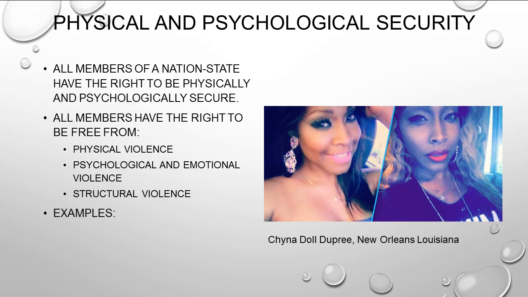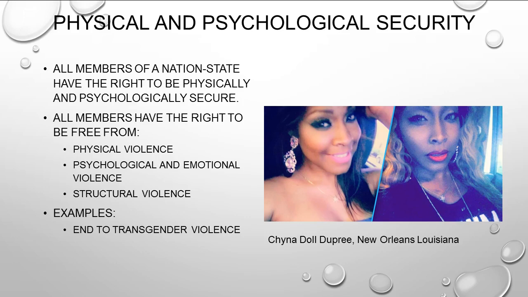And so one prime example of this is the end to transgender violence, the movements that are arising to end violence against transgender people. Transgender people experience large degrees of violence.